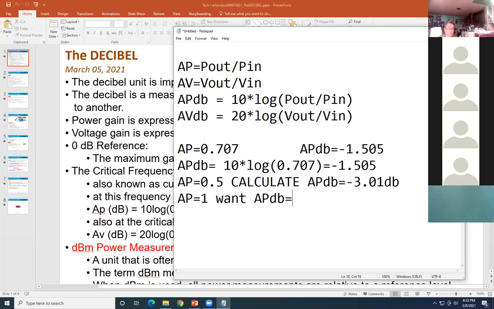Is it 0? 0. Perfect. 0 dB. Now, 0 dB, what does that mean?